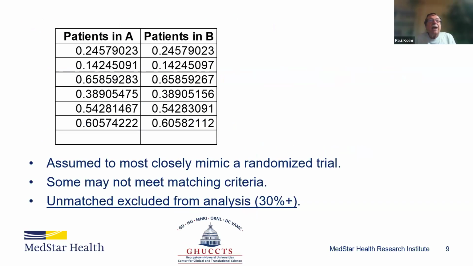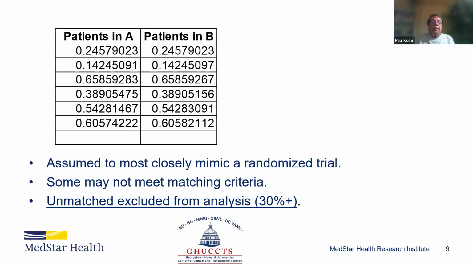So here's an example. I just put in some numbers here. In the very first row there, patients A and B are matched out to 8 decimal places. And then in the second row, they're matched to 7 decimal places, and then 6, and so on, down to where they're matched within just 3 decimal places.